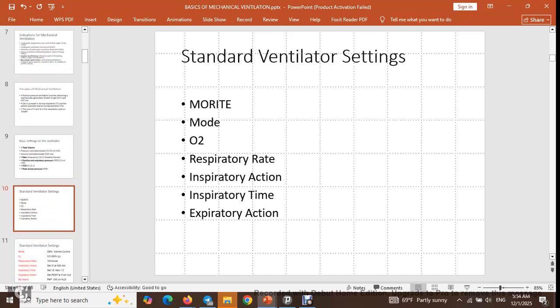So one is observation, what we call mode. One is mode, where you will put pressure control or volume control mode in controlled mode ventilation, or support assist ventilation.